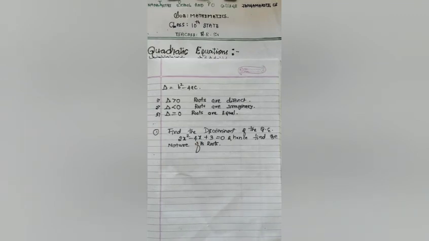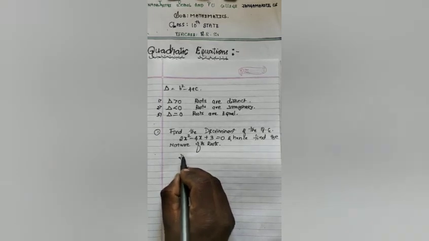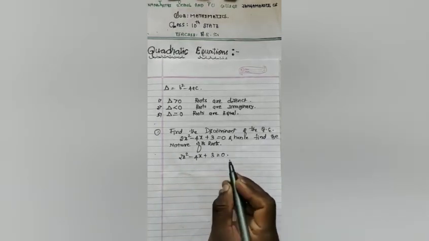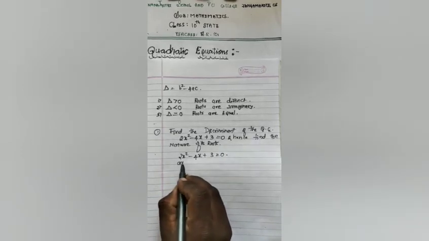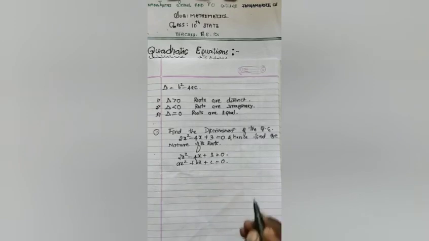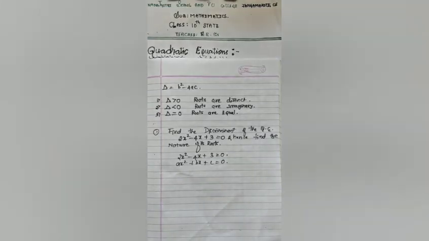Okay, let me start the solution for the given quadratic equation. See, 2x square minus 4x plus 3 equals 0. First, we need to check that the given quadratic equation is in the standard form, right?